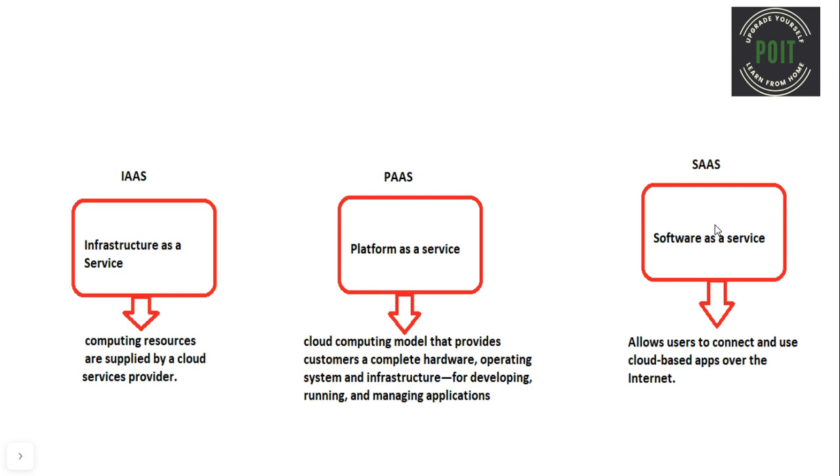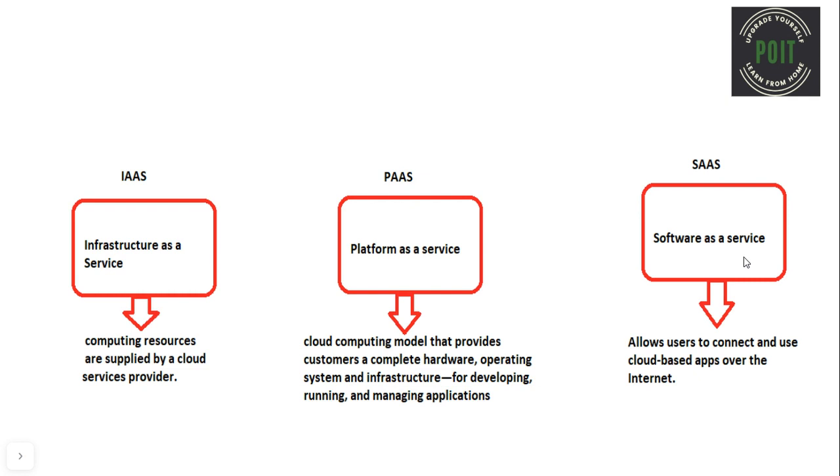And when it comes to SaaS, meaning software as a service, if we go with the software as a service model, everything will be maintained and provided by the cloud computing service provider. The required infrastructure, operating system on which developers build the application, and the application maintenance will be taken care of by the service provider.